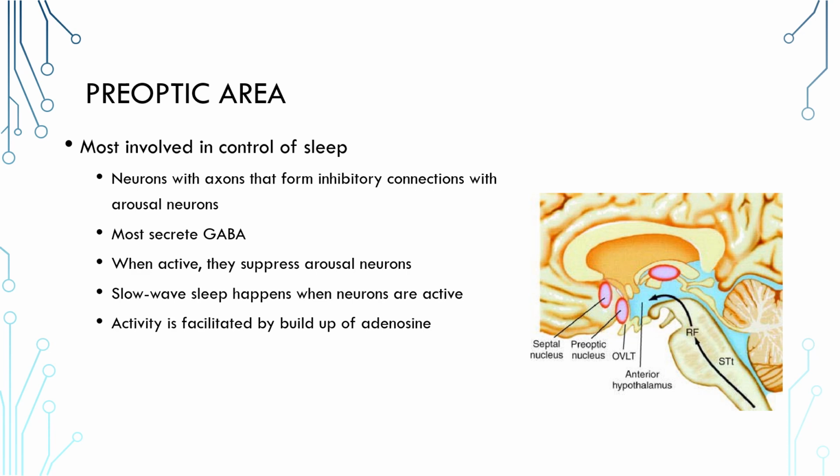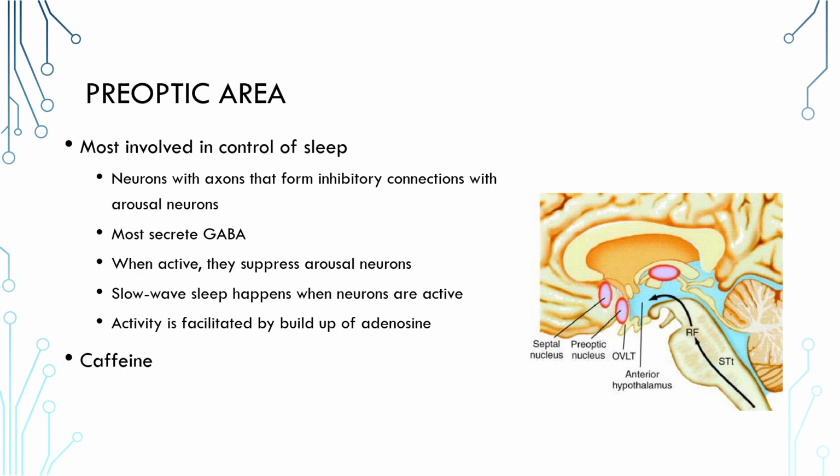This is particularly happening on the A1 receptor for adenosine. The more adenosine we have, the more these inhibitory neurons that produce GABA become active and make us sleepy. This is why during later periods of the day, we start to feel more and more tired.